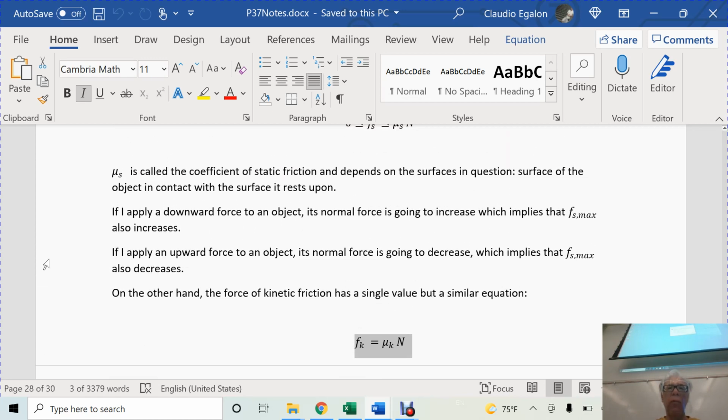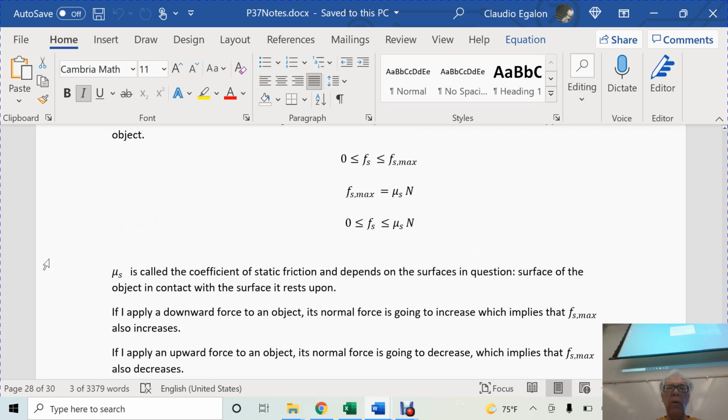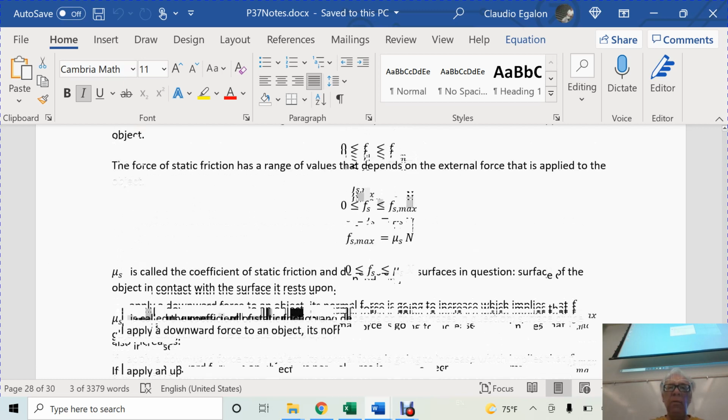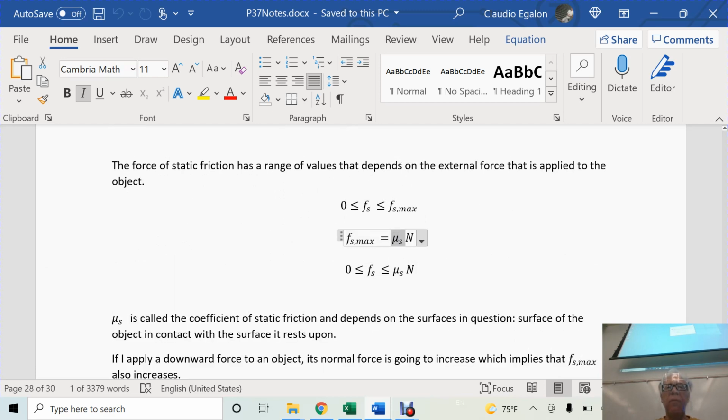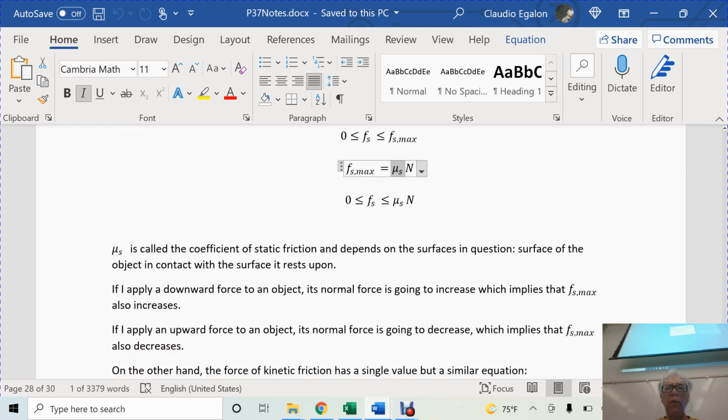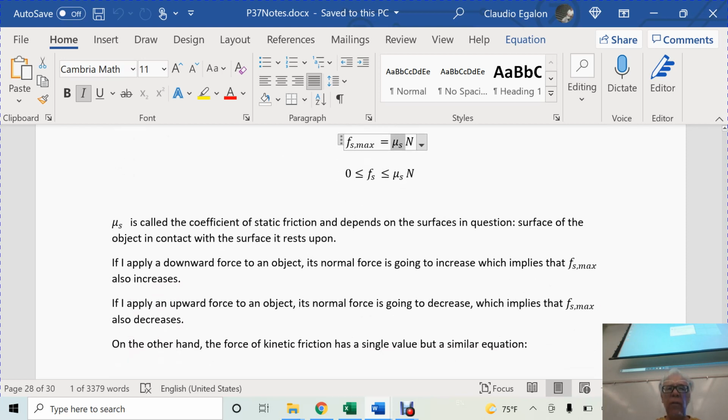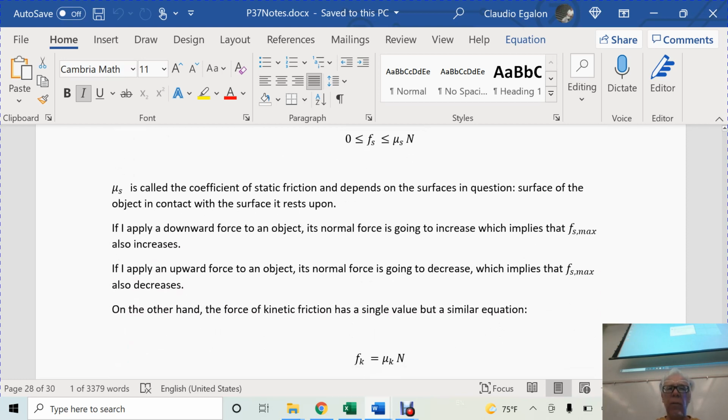The equations are similar, it's just the coefficient is slightly different. One is for the coefficient of static friction, the other is for the coefficient of kinetic friction.